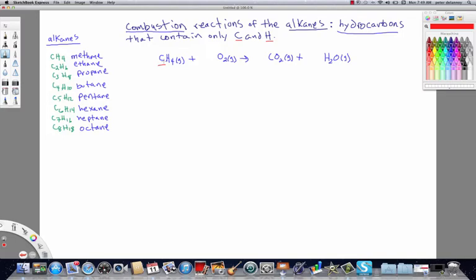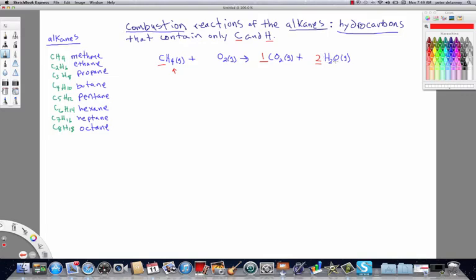Since methane only has one carbon, the CO2 only has a 1 in front of it. We next go to the hydrogens, and we see there are 4 hydrogens in methane. So we're going to need a 2 in front of the H2O to produce 4 hydrogens on this side of the arrow.